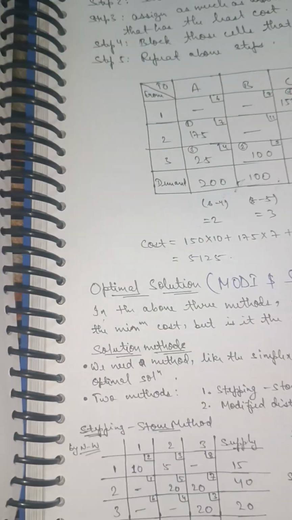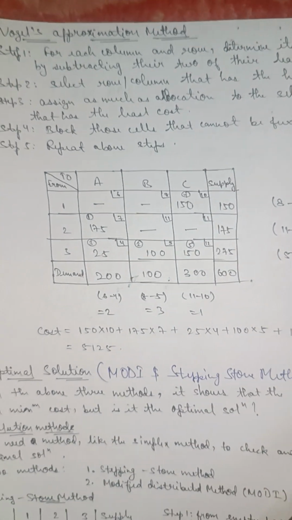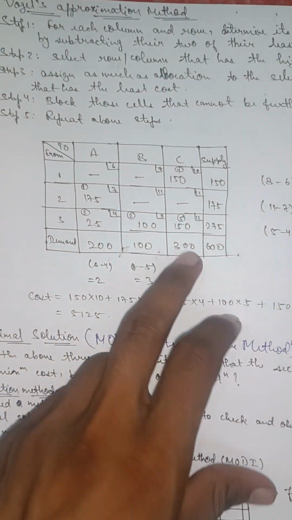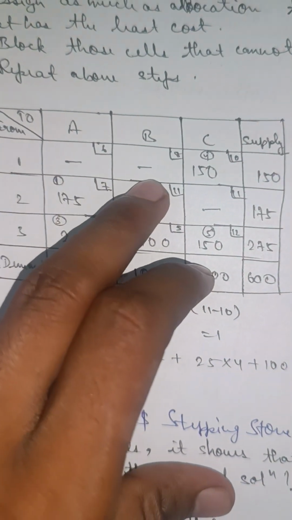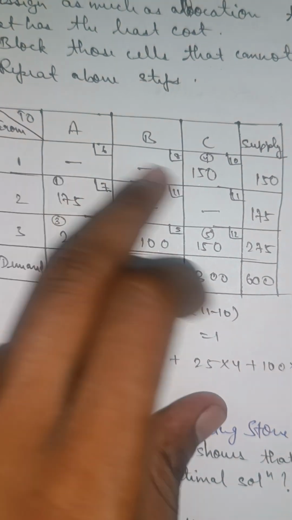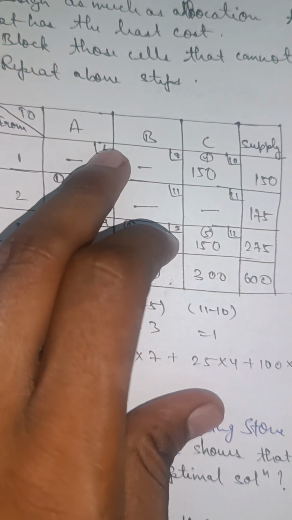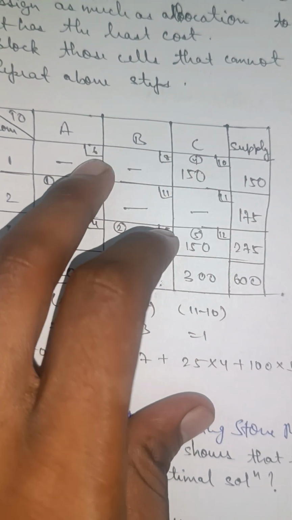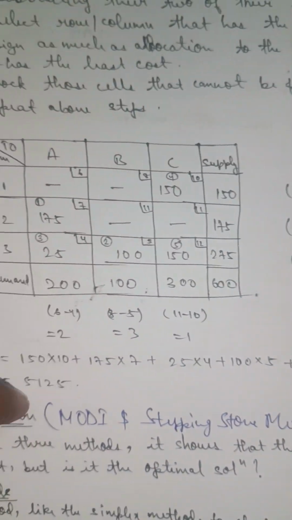Okay, now we have Vogel's approximation method. Here what we do is subtract the least values in a row. Here we have 8 and 6, the two least, because 10 is greater than these two, so we subtract 8 minus 6 and we get 2.